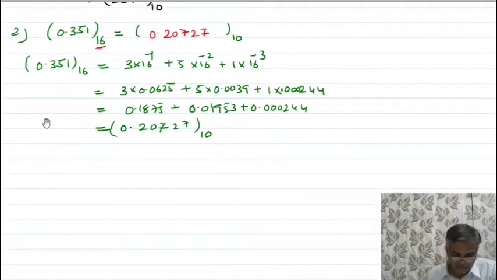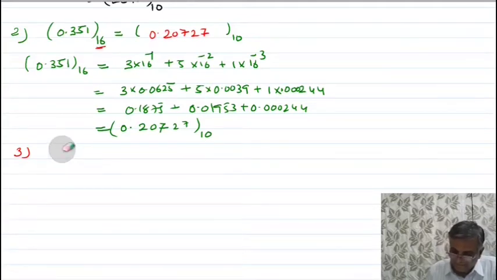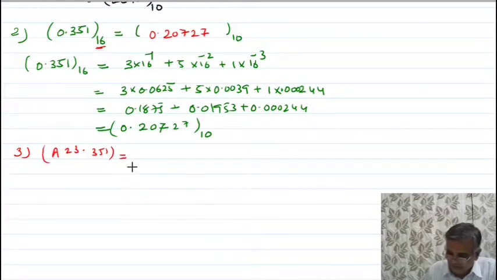Now suppose somebody is asking you to convert A23.351. In the same way you can do it.